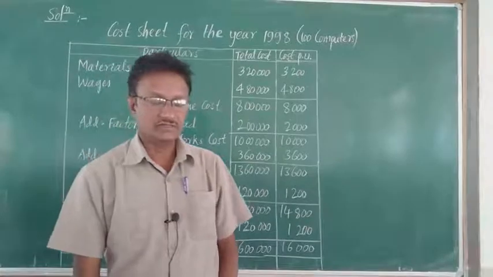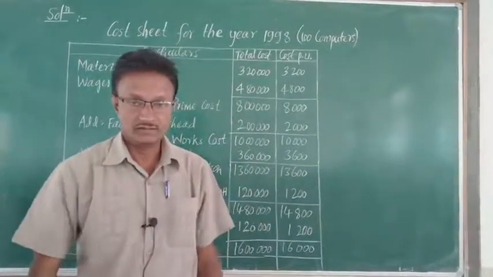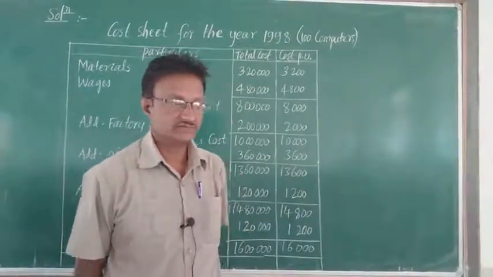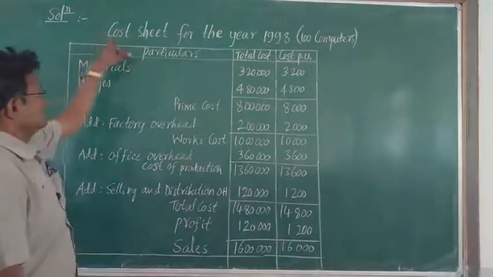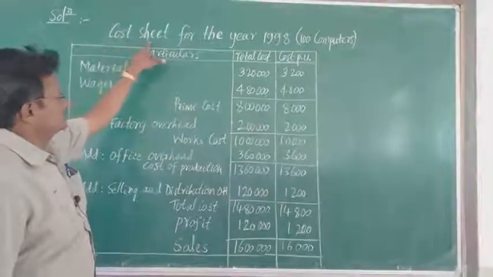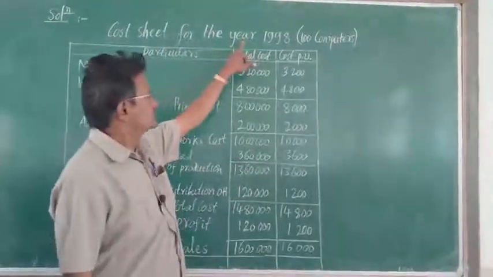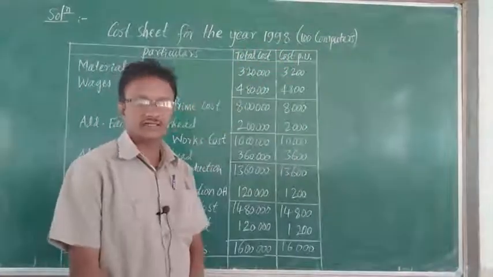So from the given data, we first prepare the actual cost sheet and give the heading: cost sheet for the year 1998 for 100 computers.